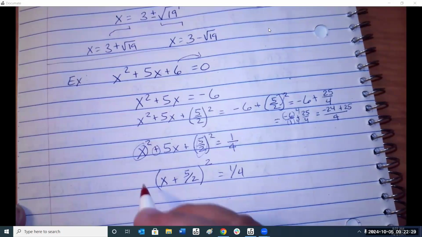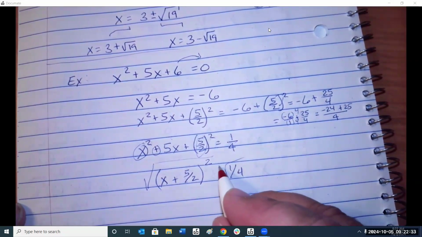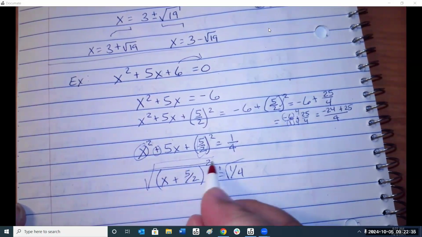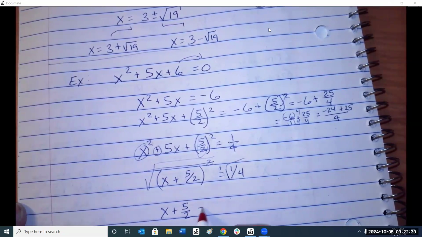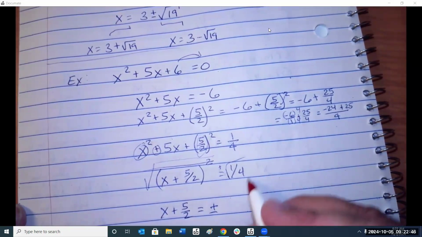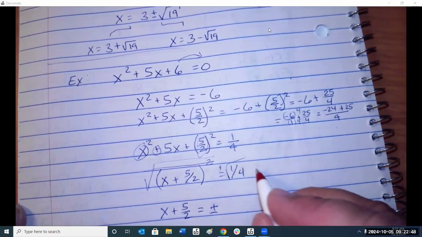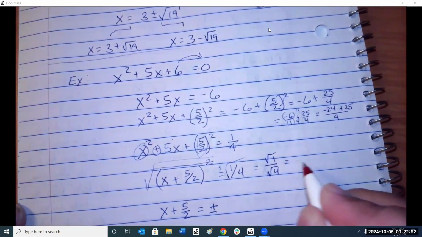To solve, I square root both sides. So those cancel. So I have x plus 5 over 2 equals plus or minus the square root of 1/4. Well, the square root of 1/4, I can split those up: square root of 1 over square root of 4.